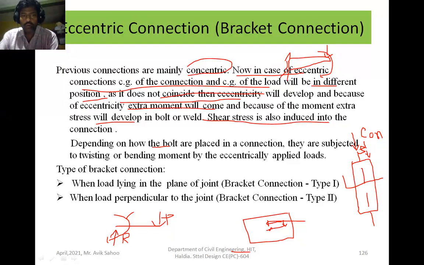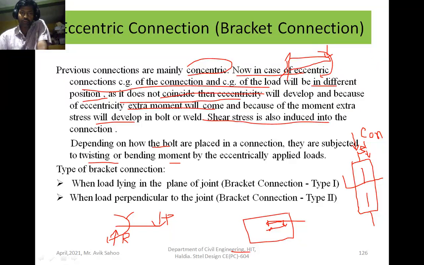This type of moment is a twisting moment, which makes the connection twist. That's why this moment is called a twisting moment. Whereas in a beam, the moment bends the member. So that's why it is called a bending moment. Because of that moment the connection is twisted.